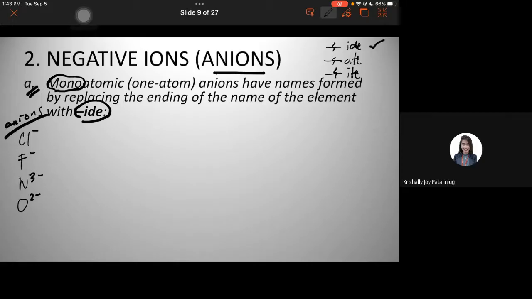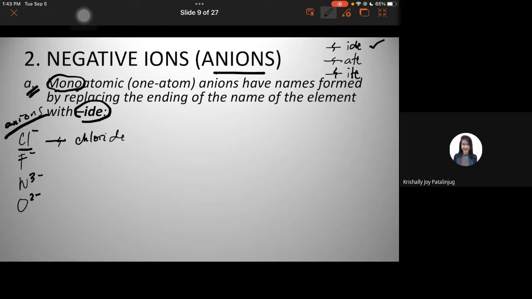If it is a monoatomic anion, the name of their ions will now end with IDE. So this is not anymore chlorine. You change the ending INE to IDE, so that becomes chloride.